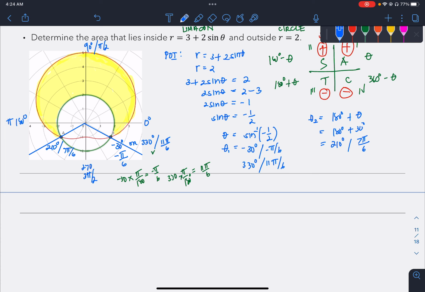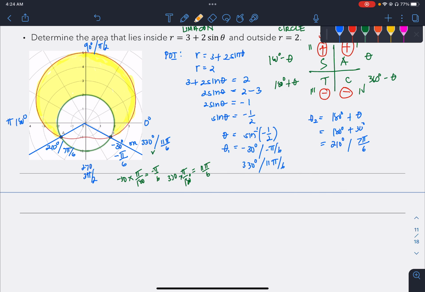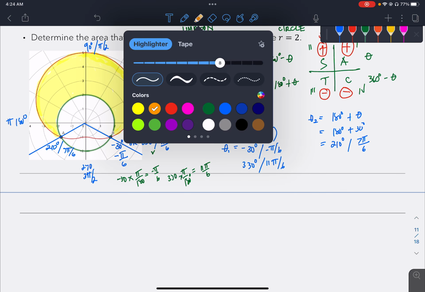However, since it's just the yellow area that we are going to find, how do we get that? I'm going to start with the area involving the limacon first. I'm not going to evaluate the area entirely from 0 to 360.